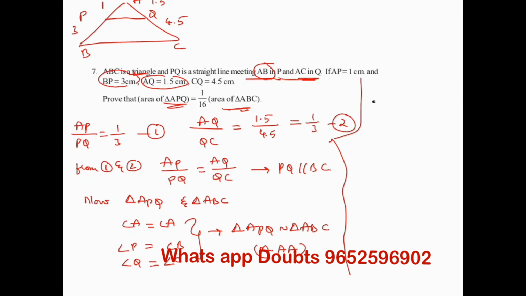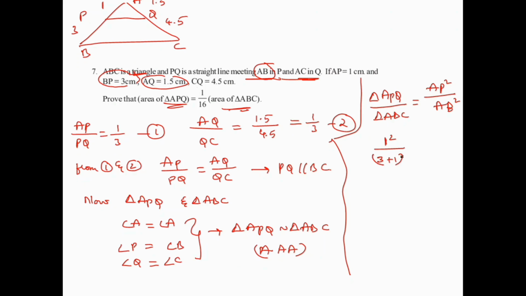As we have the theorem that the ratio of the areas of two similar triangles is equal to the ratio of the squares of their corresponding sides. In the earlier sum we have proved this. So substituting the values here, 1 square by 3 plus 1 to the whole square, this is equivalent to 1 by 16.